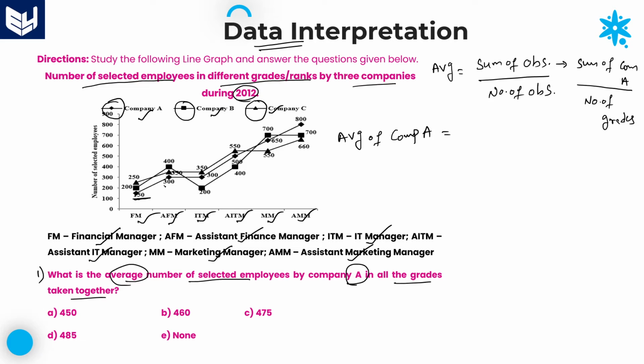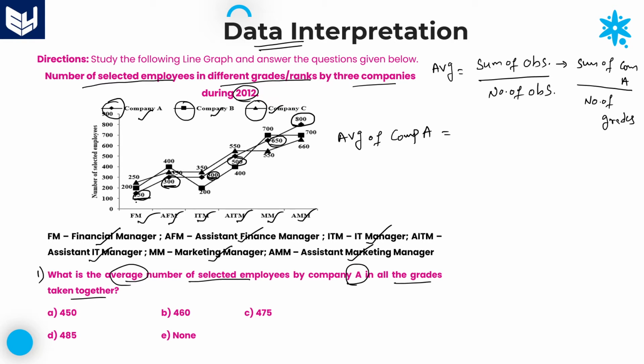Here it is 150, this is 300, and next again 300, and next rhombus, here it is 500, and then from here it is 650, and after that it is 800. All these values are rhombus values.